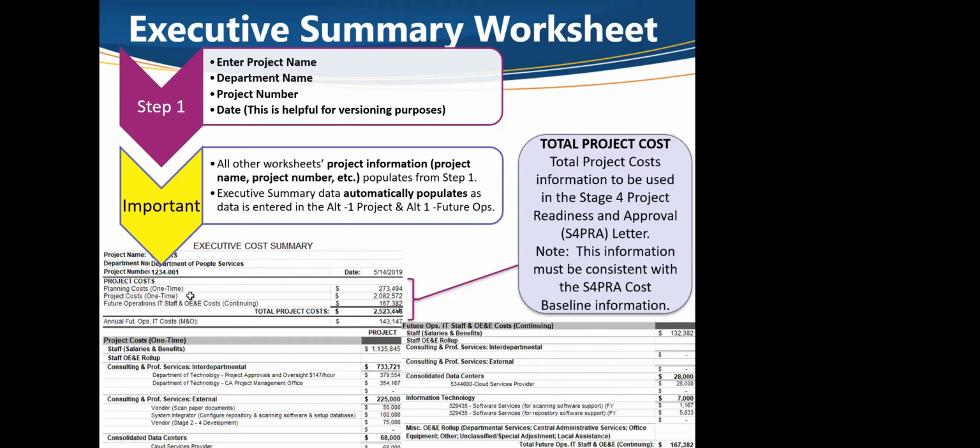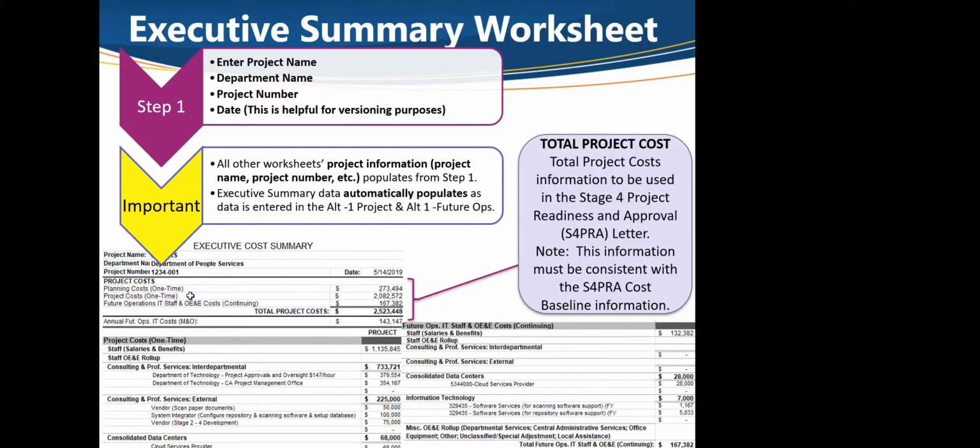So those 3 things, and then also your annual. What is it for your annual? So as you can see on this one, it was $167,382 for your total OE&E, future IT staff and OE&E costs for the continuing for M&O.